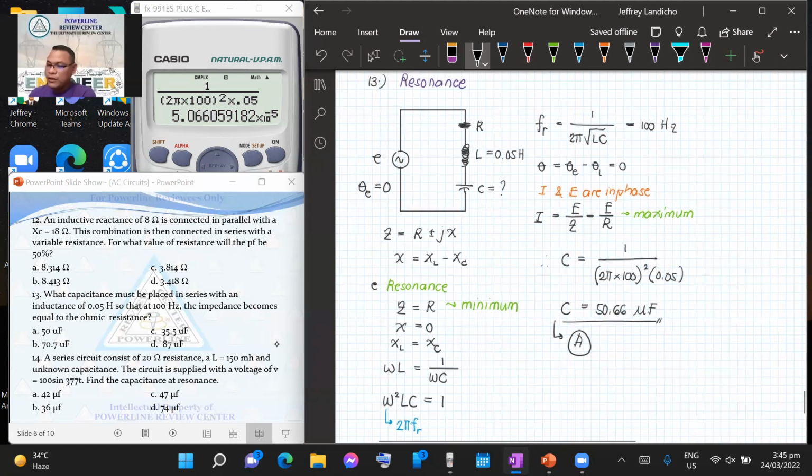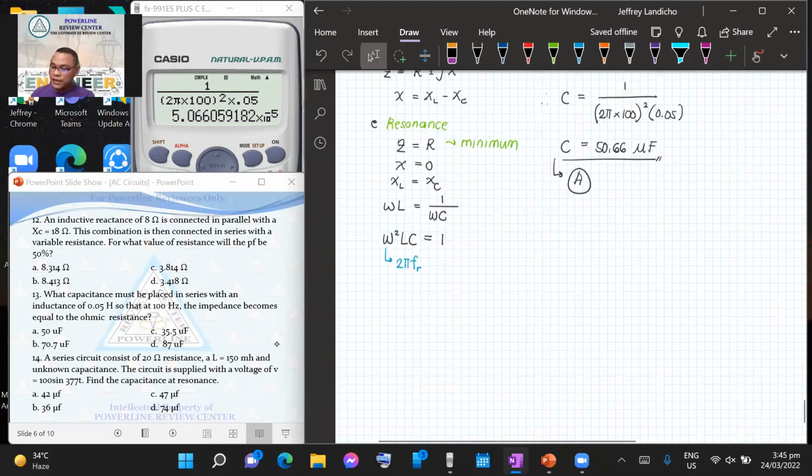Okay, so iwan ko si number 13, that's only series resonance. So number 14, a series circuit with resistance of 20, inductance of 150 millihenry, and an unknown capacitance. The circuit is supplied with a voltage of 100 sine 377t. Find the capacitance at resonance. So number 14, again, we have a series circuit.